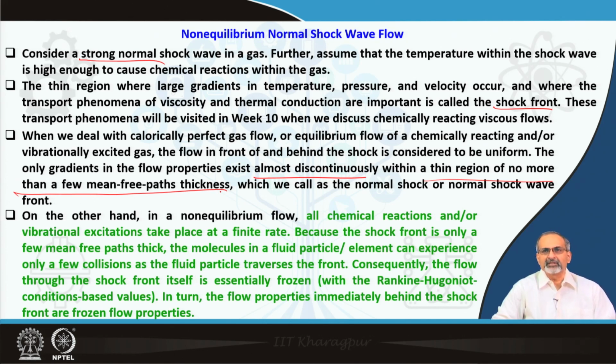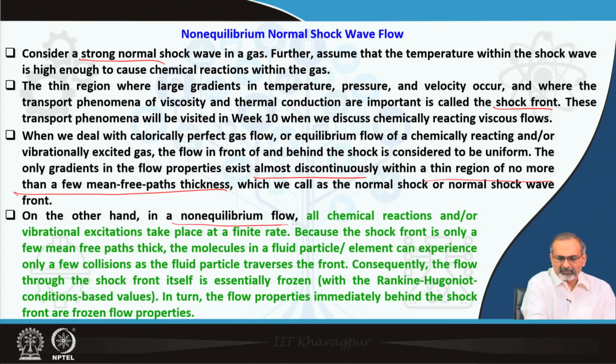So, in inviscid flows, we essentially talk about the Rankine-Hugoniot conditions, where jump conditions are imposed across a shock, and we try to see the upstream versus the downstream properties.